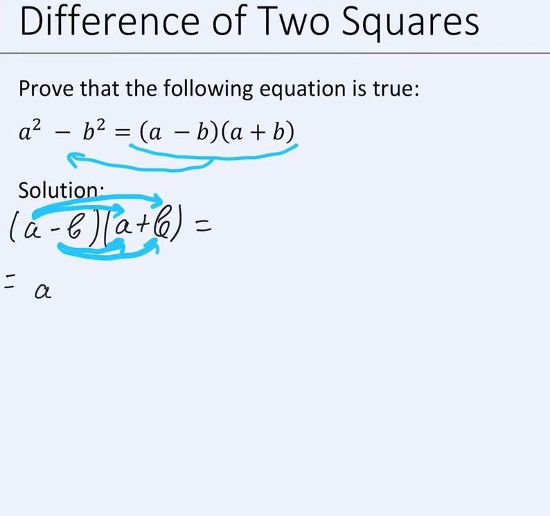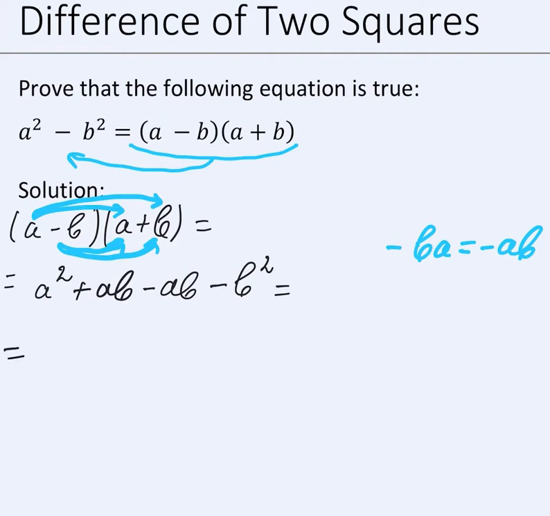So this equals a squared, a times a equals a squared, then a times b equals ab, negative b by a equals also negative ab. And that's how I'm going to write it here, negative ab. And then negative b by b is negative b squared.